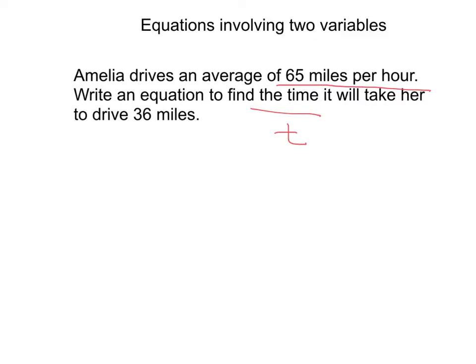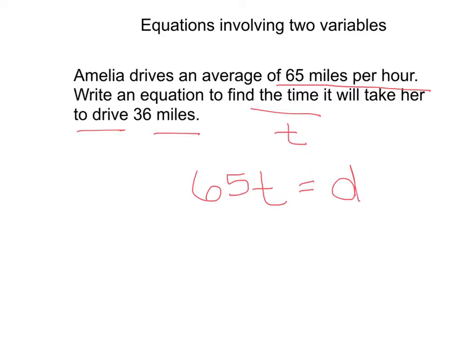That's telling us how fast she's going. So 65 miles in 1 hour, but we don't know how long she's been driving, so we would multiply that times t. 65 for however much the time is would equal, and it wants us to know how long it will take her to drive 36 miles, which is distance.